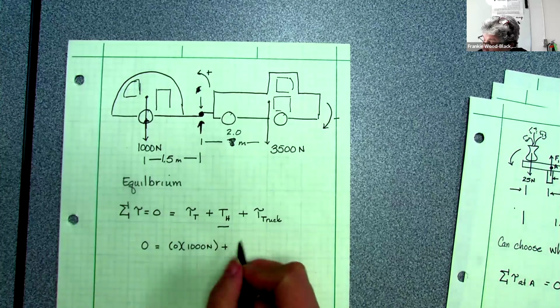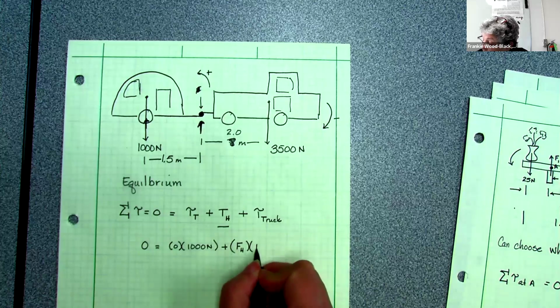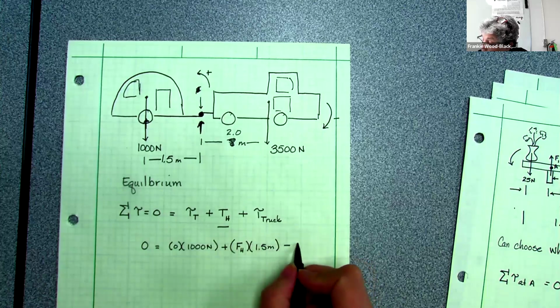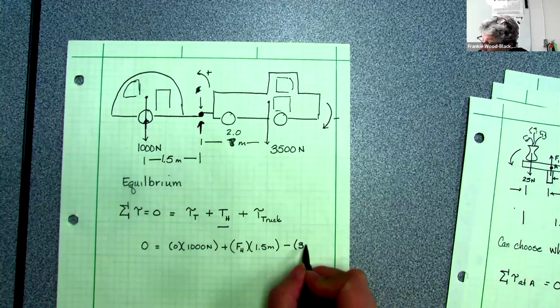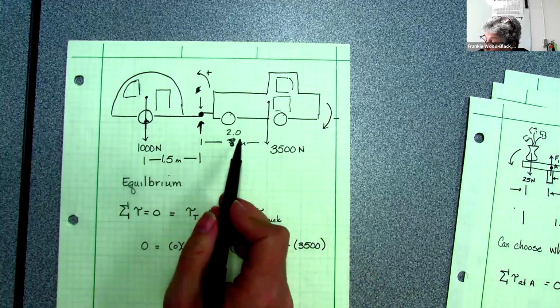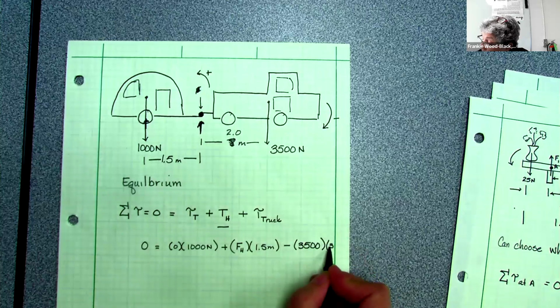So this is going to be the force on my hitch at 1.5 meters. And this is the force of my trailer at 1.5 plus 2, which is 3.5 meters.